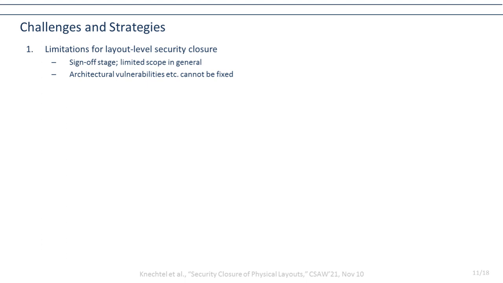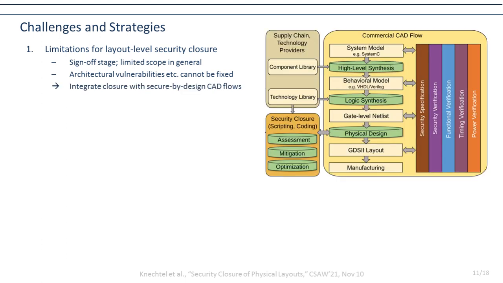That means, for example, architectural vulnerabilities cannot be fixed so late in the design process. And to handle this better, what we think is an interesting strategy is to integrate such closure means also with a secure by design CAD flow, which is outlined now here.